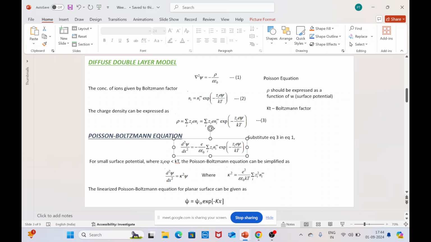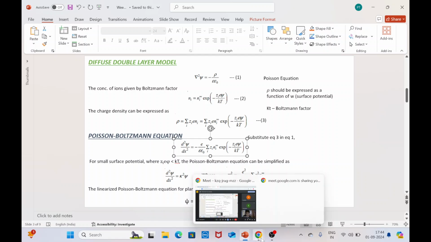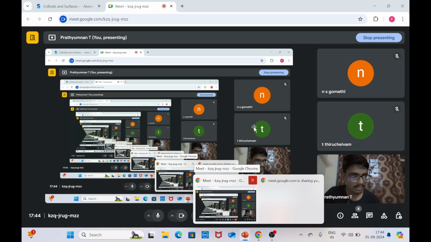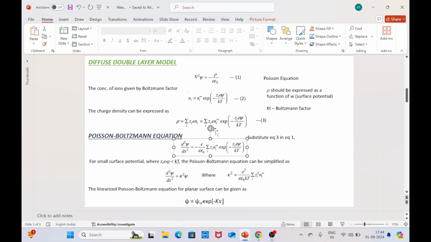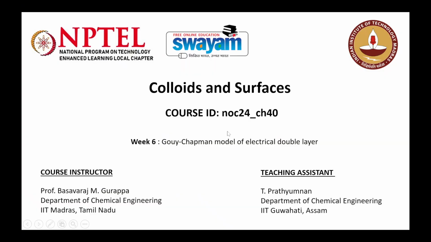The two assumptions were, one, the small surface potential, that you can see here.